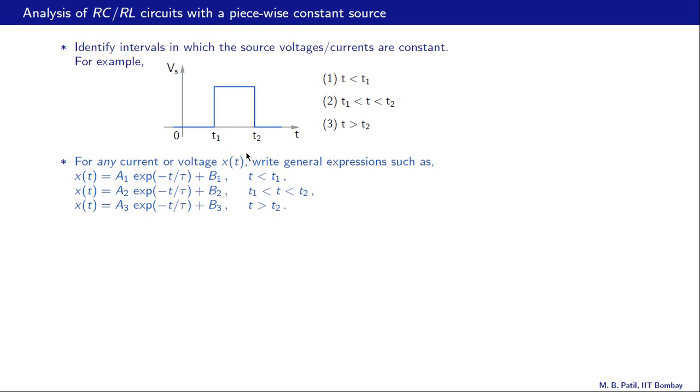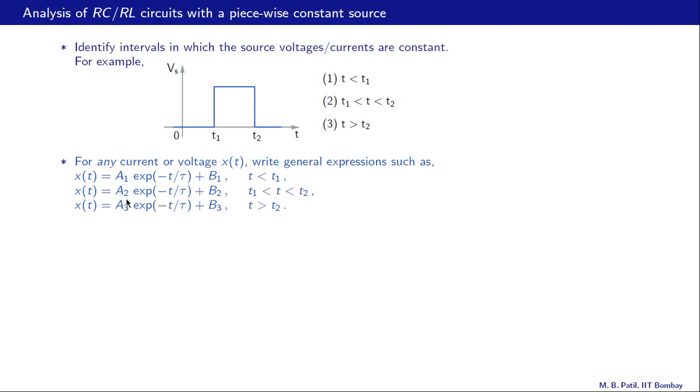And finally, in the third interval, that is t greater than t2, we can write x of t as a3 e raised to minus t by tau plus b3. In order to get a complete picture, what we need to do next is to find this tau, the circuit time constant, and also these constants a1, b1, a2, b2, etc.